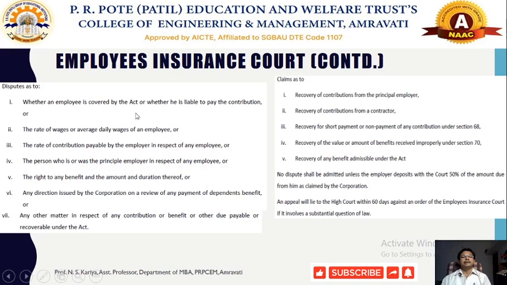The court determines whether the employee is covered by the Act, or whether he is liable to pay the contribution, so it needs to be identified very clearly who is entitled to get the benefit under this ESI Act. It also looks at the rate of wages or average daily wages of the employee, and depending on that, how much contribution the employee and his or her employer have paid, the rate of contribution payable by the employer in respect of the employee, and who is or was the principal employer in respect of the employee.